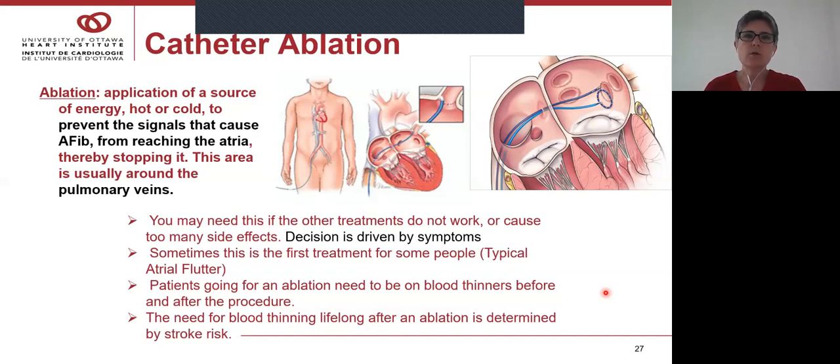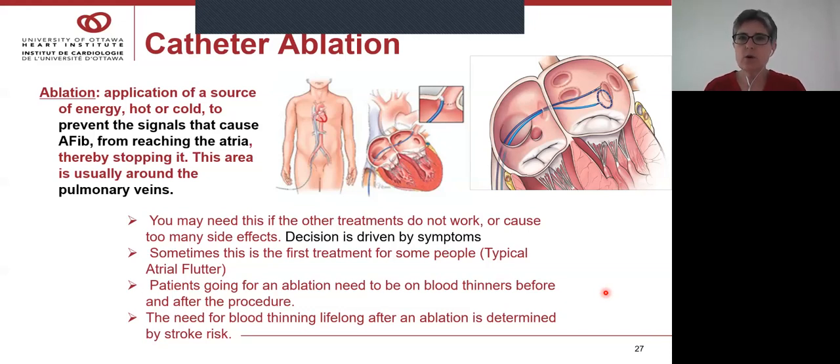We say somewhere between sort of 70 to 80% effective for paroxysmal atrial fibrillation and maybe sort of 50, 60% for somebody who's in persistent atrial fibrillation. And that can improve with a second procedure. About 25 to 30% of patients need a second procedure.